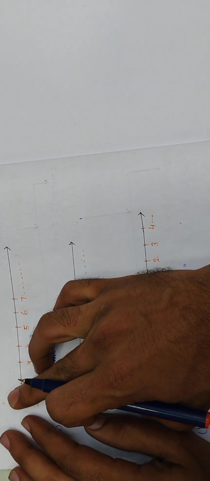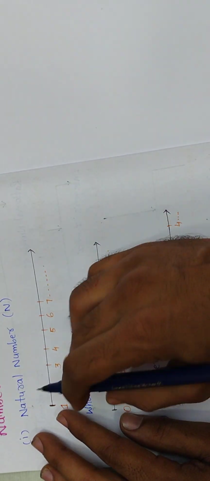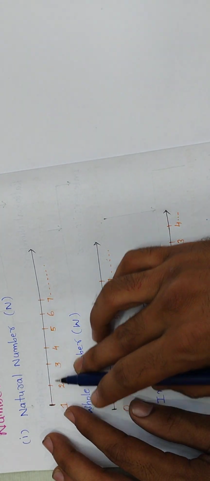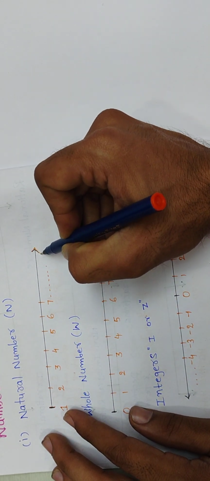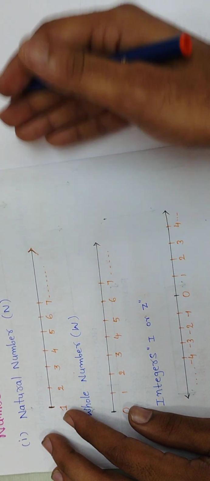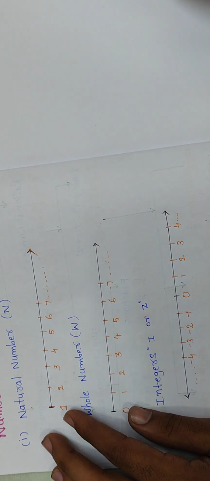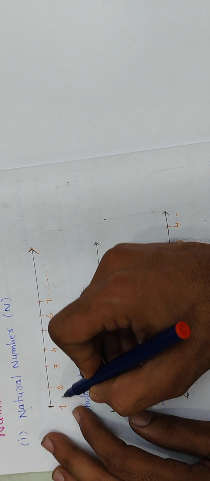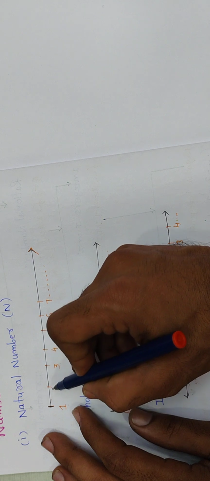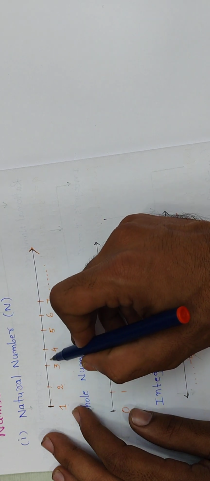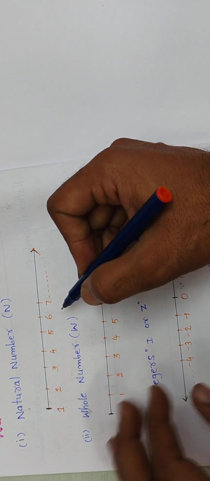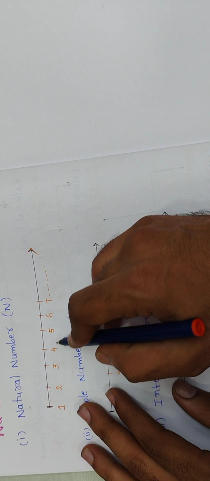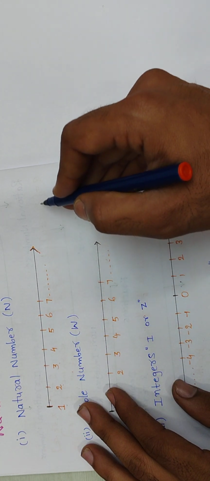Natural numbers start from 1. Draw a number line; the arrow means the line is continuous, with no ending point. Start from 1, 2, 3, 4, equidistant, the distance between any two numbers being equal: 1, 2, 3, 4, 5, 6, 7 and so on.